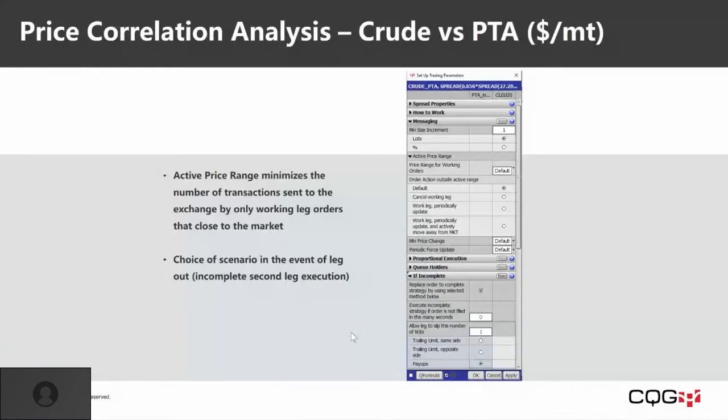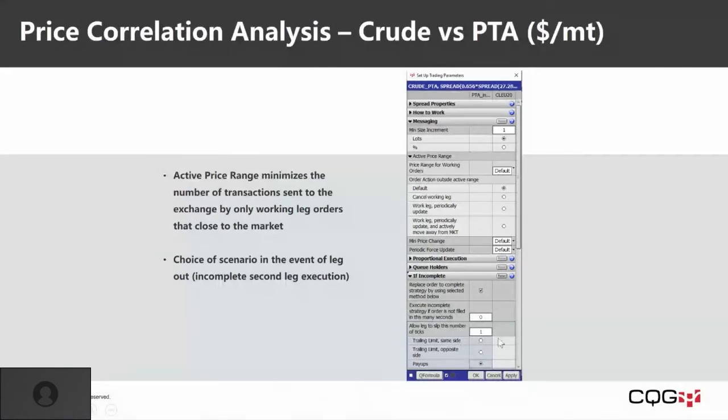So what we can do is we can actually offer the opportunity to lower the number of messages and even not work that spread if our order is too far away from the current market price. So the active price range is something that's your friend here to try and please the exchanges.